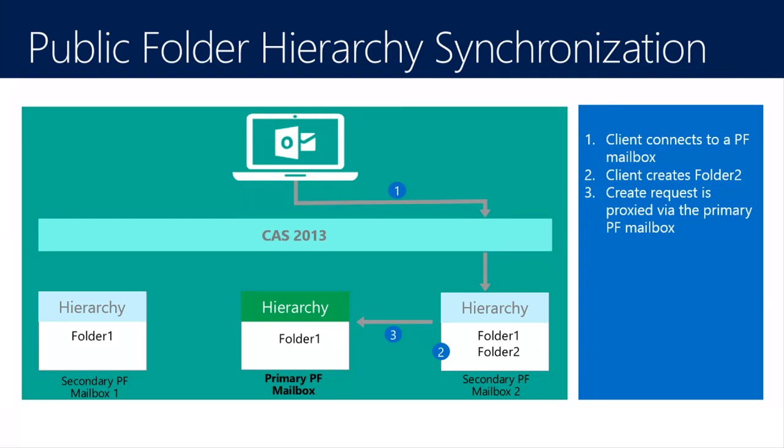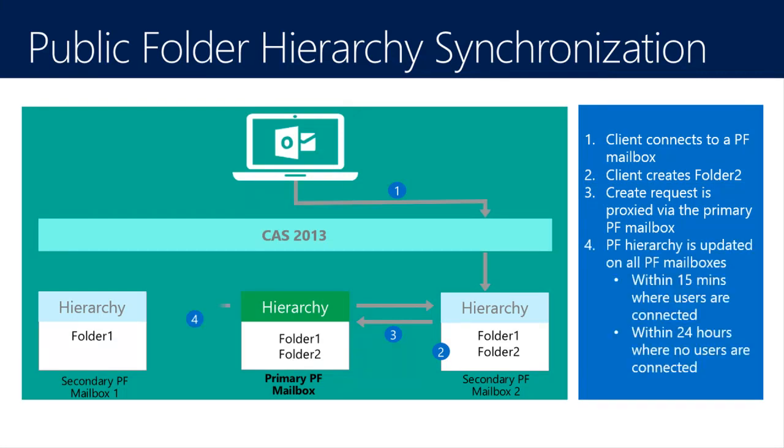And then that change is accepted, and it is fully accessible then. And now the remainder of the public folder mailboxes in the organization will receive the update to the hierarchy within 15 minutes if users are actually connected to that public folder mailbox, or within 24 hours if there are actually no users connected.